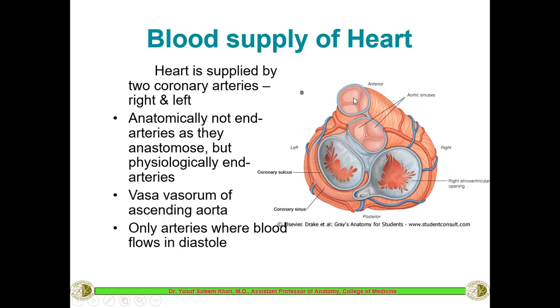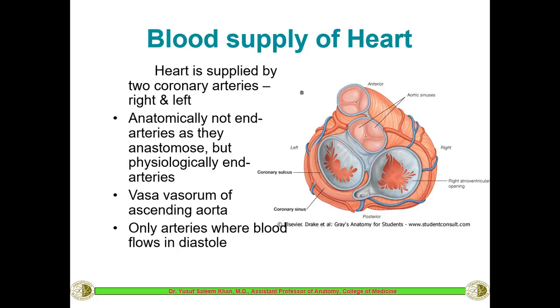Here you can see the two openings. This is the aorta and this is the pulmonary trunk, and you can see the three cusps of the semilunar valves. And here you can see the beginning of the right coronary artery, and this is the left coronary artery seen from above. So there are two coronary arteries which supply the wall of the heart, the right and the left.